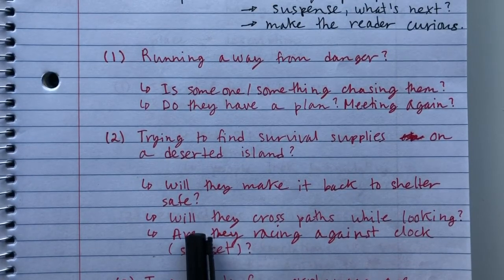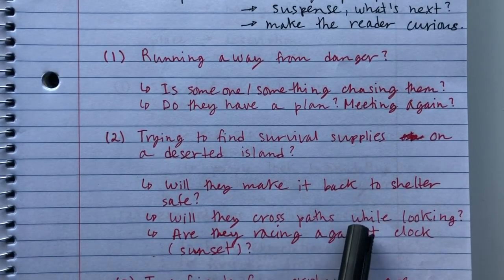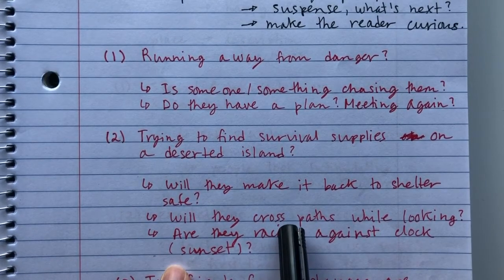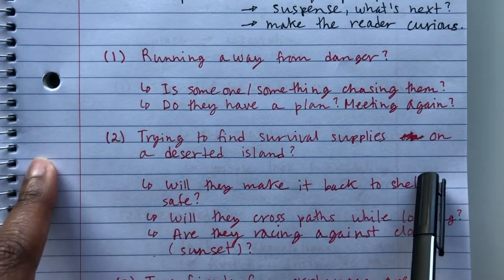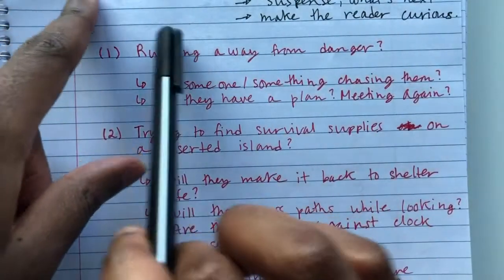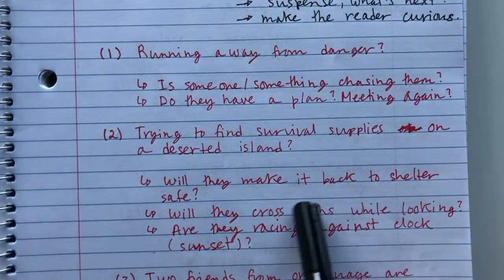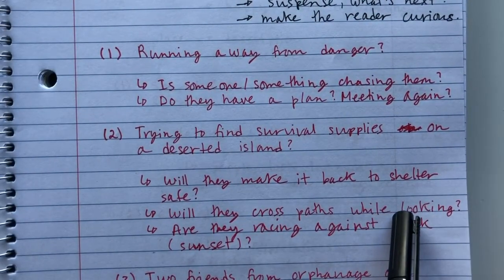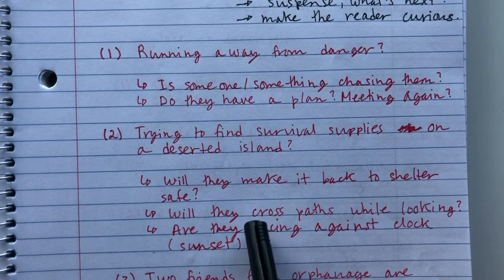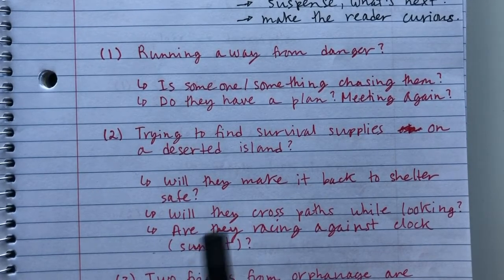Another point is, will they cross paths while looking? Because if I go this way and you go this way and we're searching and then, oh, oops, we meet again, okay? So will they cross paths and then end up looking together in the end? That's for you to decide.